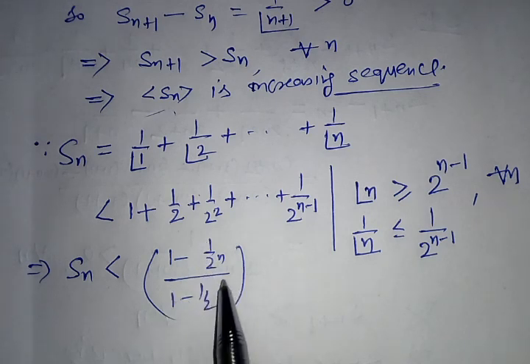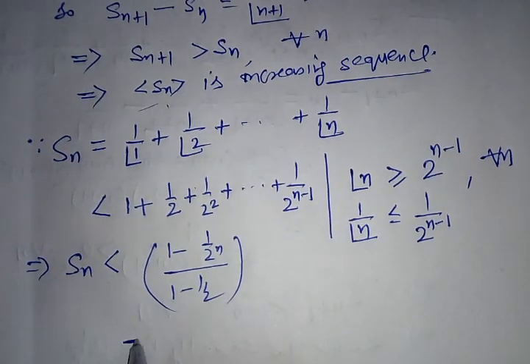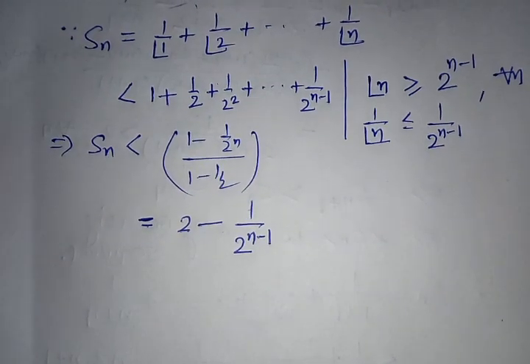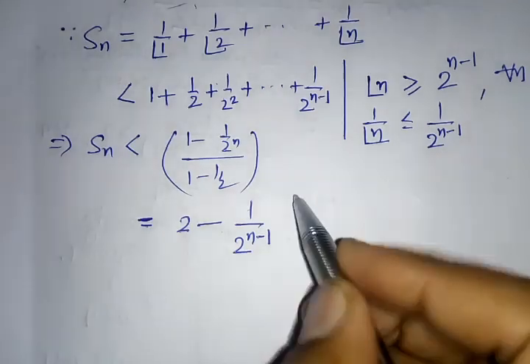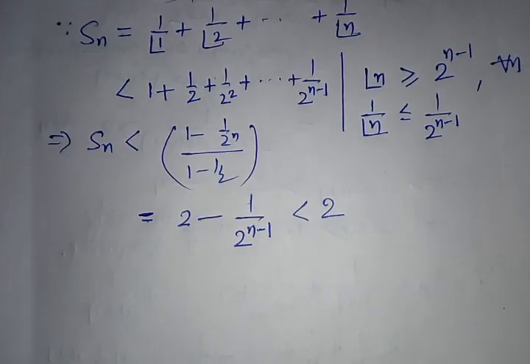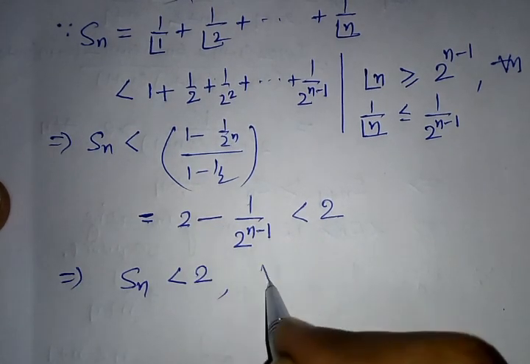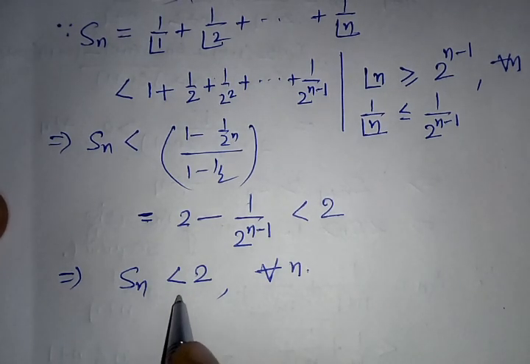And this term can be written as 2 minus 1 upon 2 raised to the power n minus 1. On simplifying we can write this, and this term is always less than 2. So what we get? Sn is less than 2 for each n, hence the sequence is bounded above.